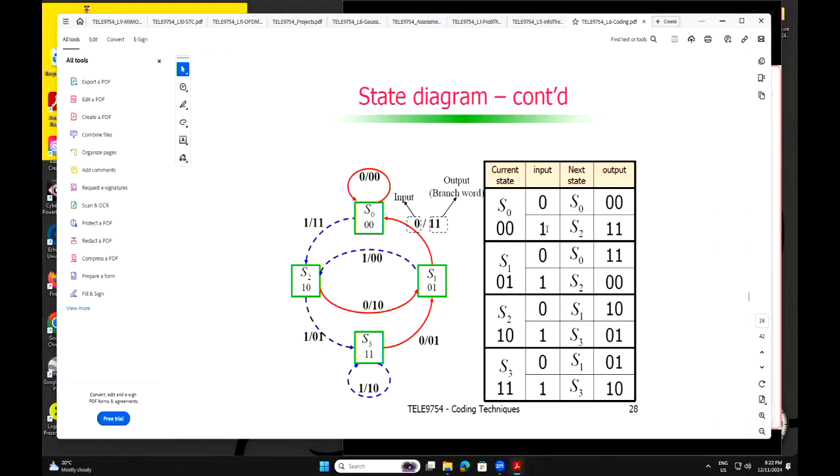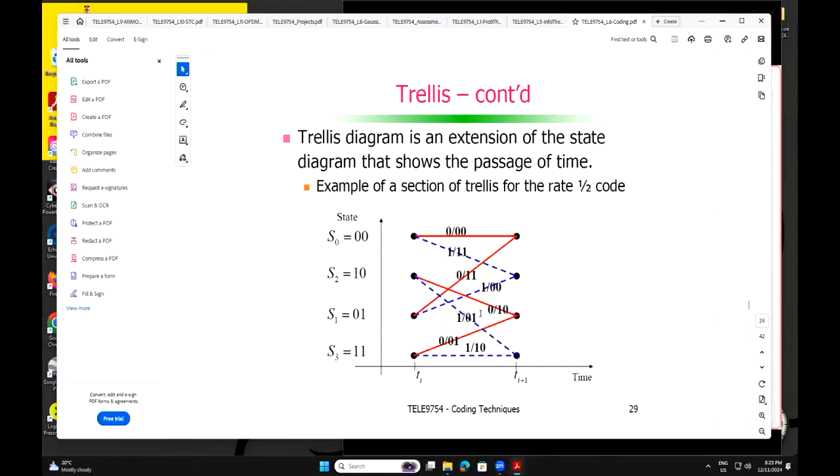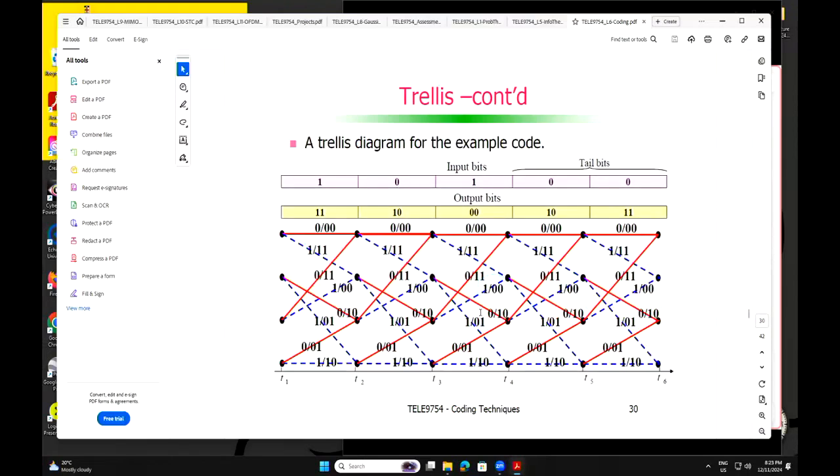Then you can derive the next state and the output signals. From this table, you can draw the state transition diagram, and then stretch it along the x-axis as a trellis diagram. Once you get the trellis diagram, you can perform the Viterbi decoding.